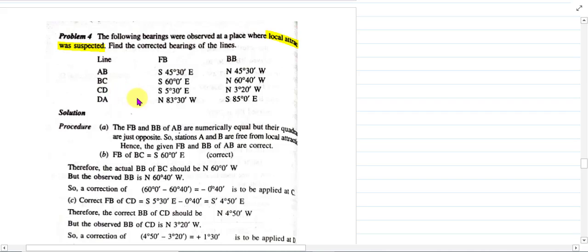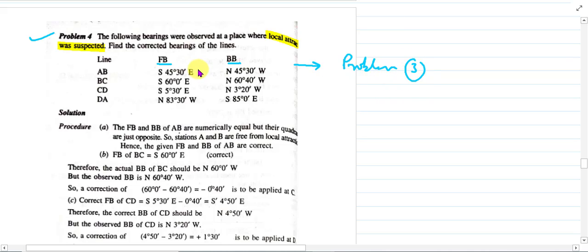So in this problem there is no magnetic declination, hence we can say that the values in column number 2 and column number 3 are your true bearing. These values are taken from the true meridian. There are two approaches to solve this problem number 4. The first approach is to convert this problem like problem number 3.